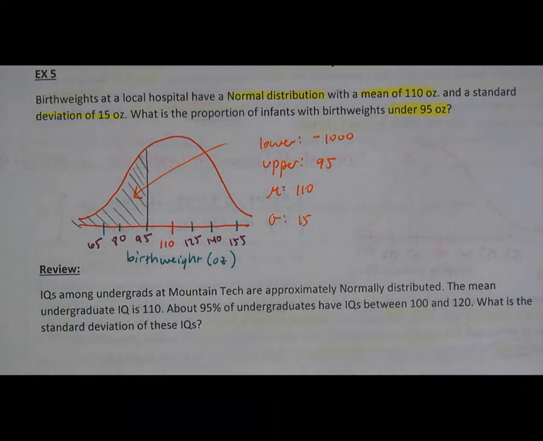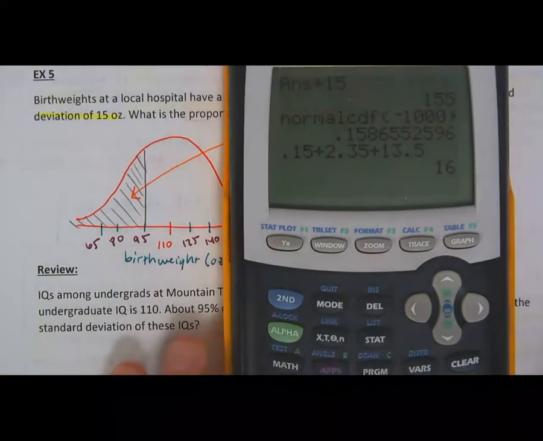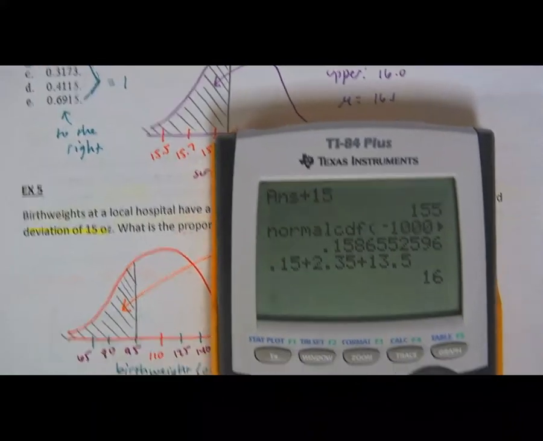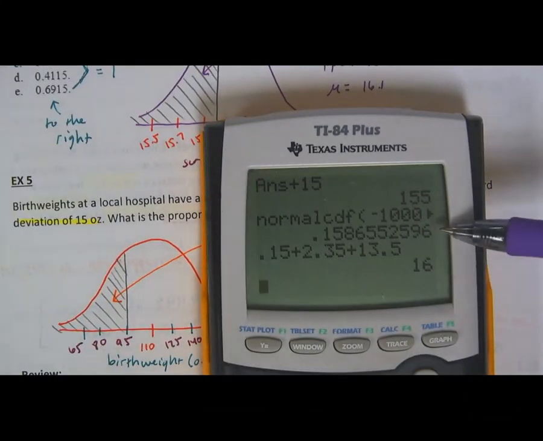Now, if we did use the empirical rule and we added our slices together, we'd add 0.15 plus 2.35 plus 13.5, and we'd get an answer of 16%. Let me just show you. If I use the empirical rule, but the calculator allows us to be more accurate, so there's actually a benefit to doing it in the calculator.